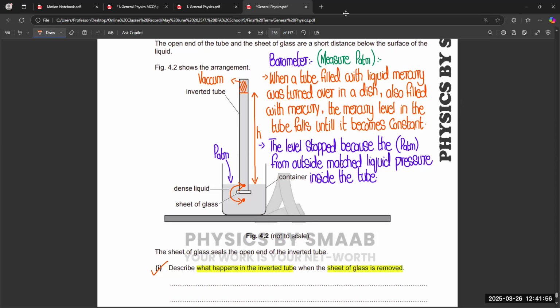Okay, sir. So this is the concept that we have to apply in the atmospheric pressure idea. These are the concepts related to pressure in solids, pressure in liquids, and atmospheric pressure.